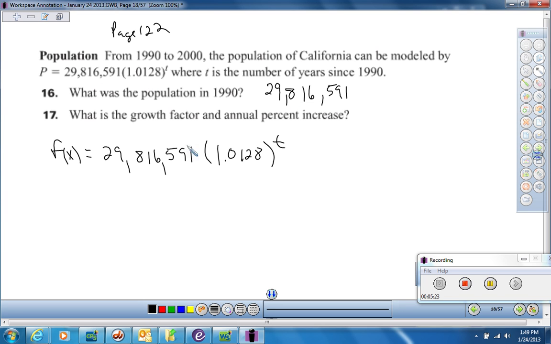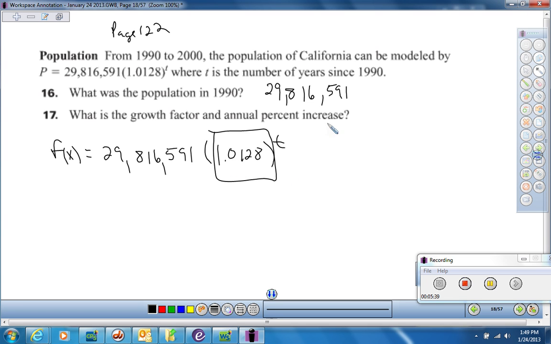Now the growth factor is simply this. Now annual percent increase would be your decimal part of this, just in percentage. So we basically end up subtracting out 1.